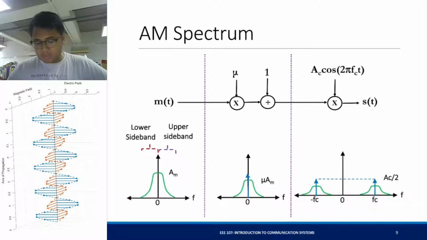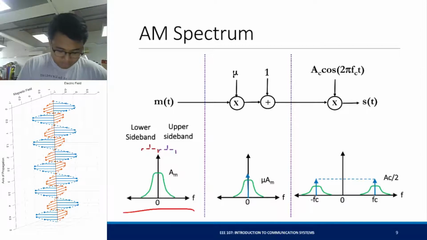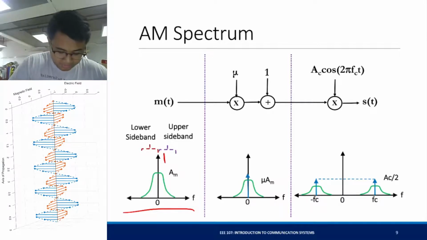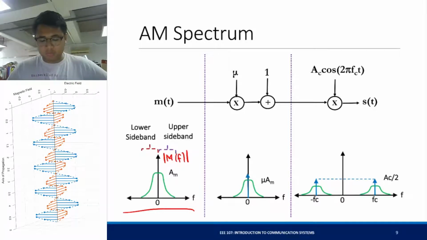Okay. So now, of course, when we're talking about trying to transmit a signal over a channel, we'll need to know how much power it uses on a certain bandwidth. Okay. So you can analyze this using the block diagram. The first part of the block diagram, as you see here, shows the spectrum of the message. This is the magnitude M of f. And once you multiply it by some mu, it will be scaled down.